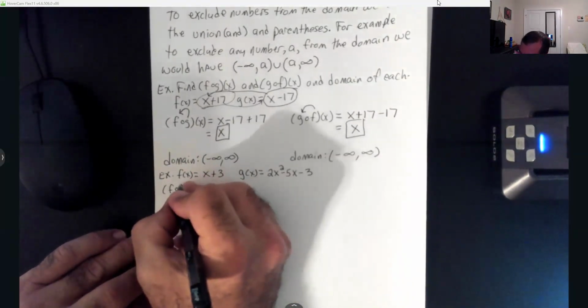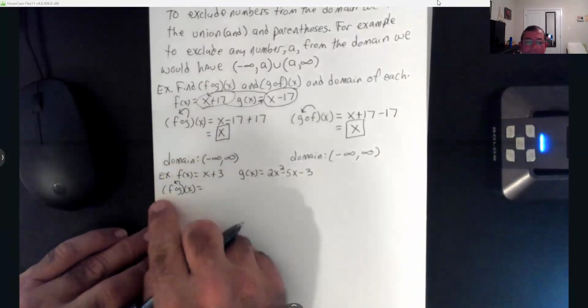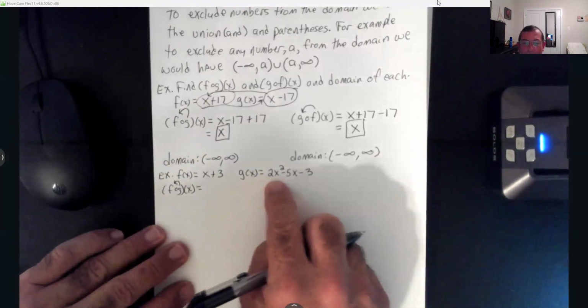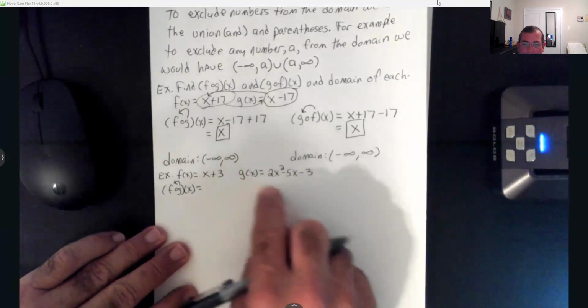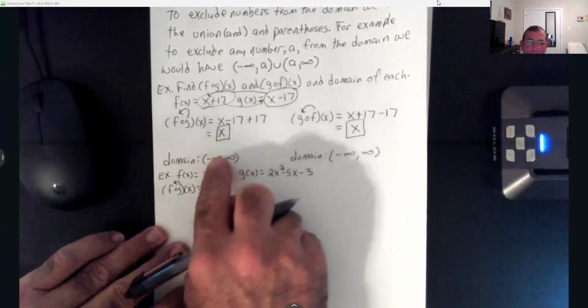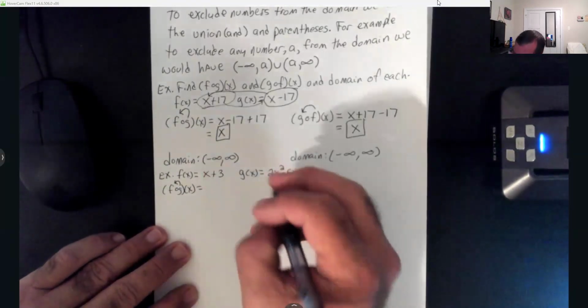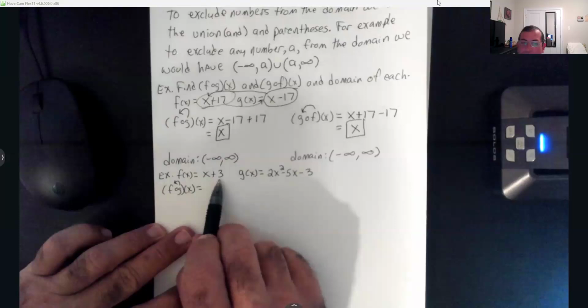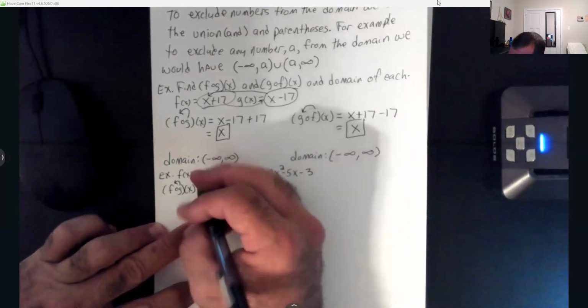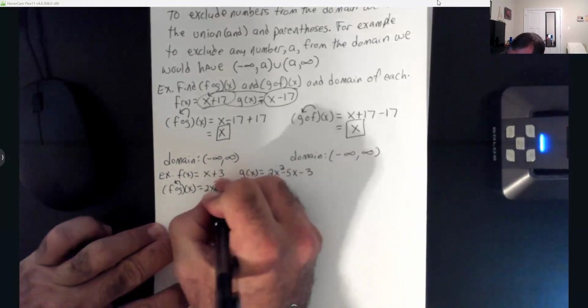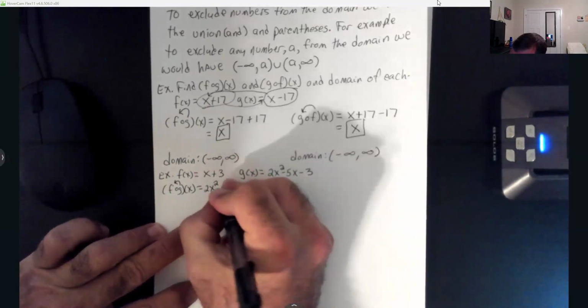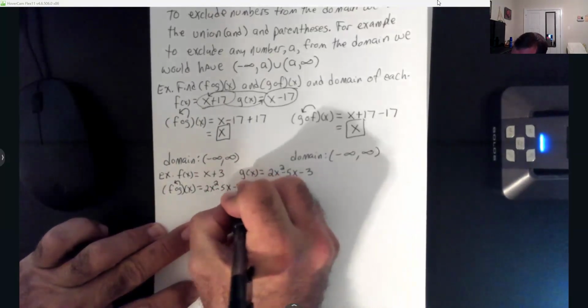So this time we're putting g into f. So I'm putting all three of these parts from the g into that one x. So instead of x plus 3, you're going to have 2x squared minus 5x minus 3.